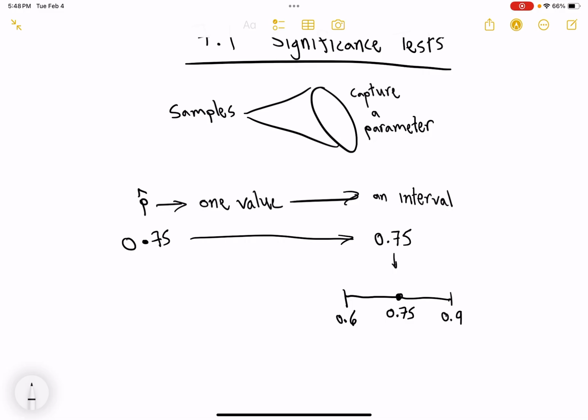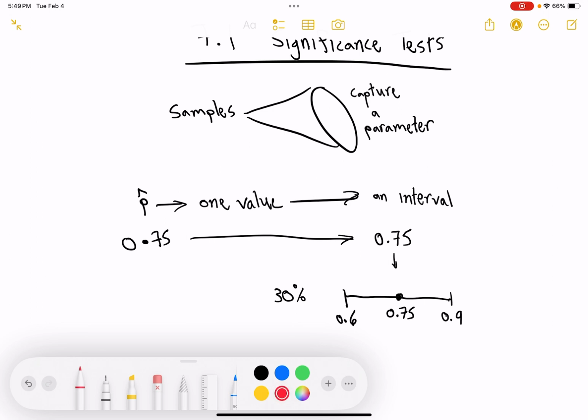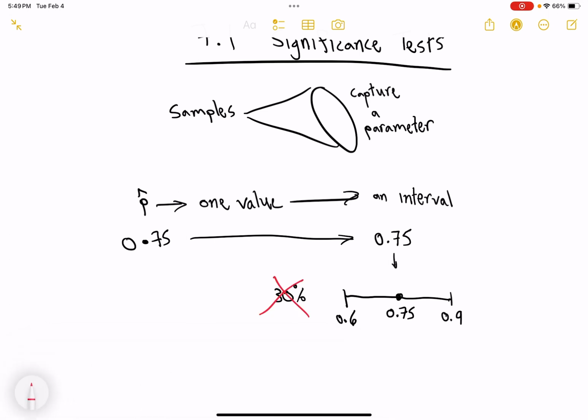That would mean almost 90% of students would be a plausible value. But if someone were to say to you, I think 30% is the answer, you would be able to say, well, that's quite unlikely to be true. That's not a plausible value, based on the idea that it did not sit in your confidence interval.